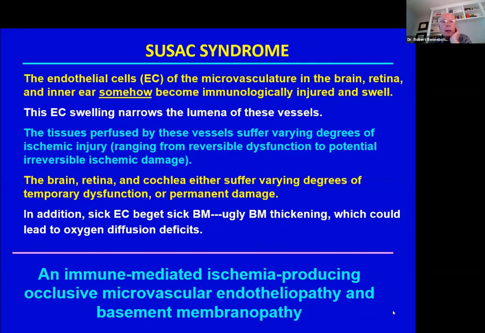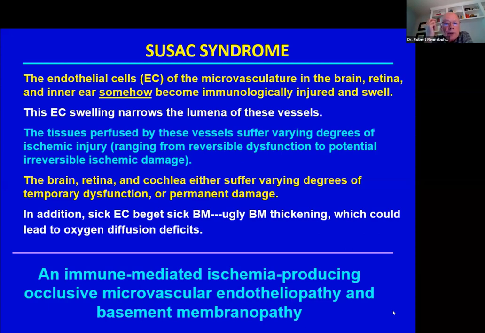So, in Susac syndrome, the endothelial cells of the microvasculature in the brain, retina, and inner ear somehow become immunologically injured and swell. This endothelial swelling narrows the lumina of these vessels. The tissues perfused by these vessels suffer varying degrees of ischemic injury, ranging from temporary reversible dysfunction to potential irreversible ischemic damage.